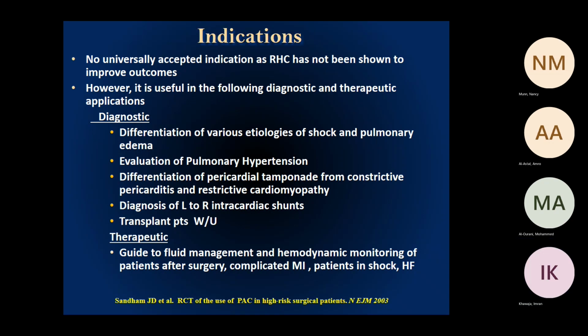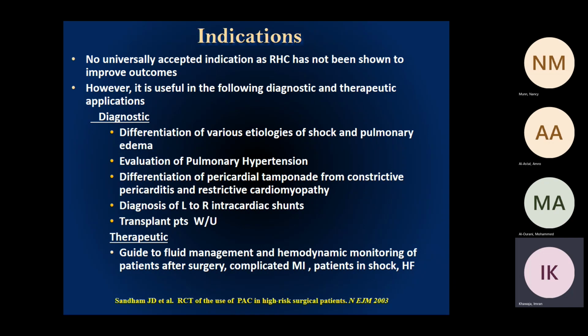Also in patients with intracardiac shunt, and in cardiac patients going for transplant evaluation, who usually go for right heart cath. In certain liver transplant patients, if they are suspected to have portopulmonary hypertension or have an abnormal echo as part of their evaluation, they receive right heart catheterization, because these patients carry high operative risk. Many centers may disqualify them, or put them under treatment to bring their pressures down before they proceed with orthotopic liver transplant. So that's the diagnostic indication.